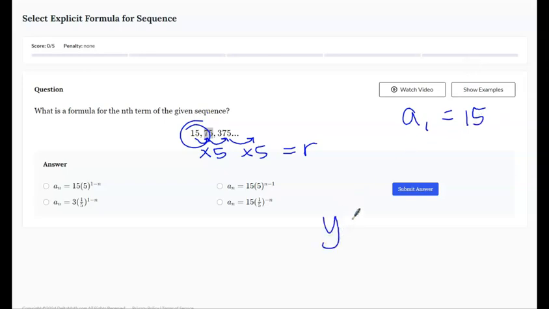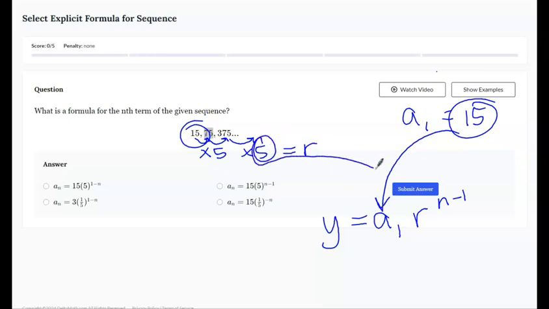The formula is A sub 1 times R to the exponent n minus 1. So this value will go here, and this value will go there. The initial value was 15. The common ratio is 5, so I'm going to put my parentheses in there.